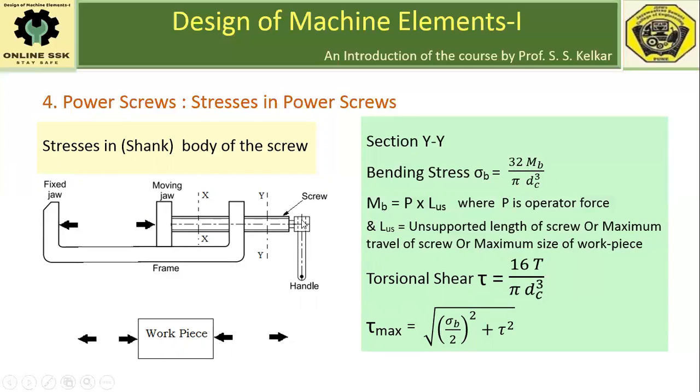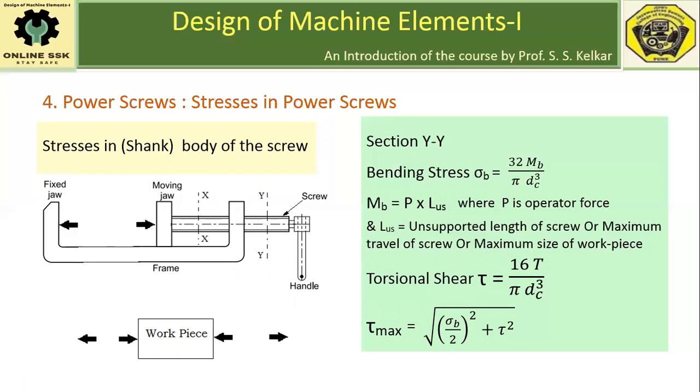Bending moment is given by the operator force P multiplied by this length. This length is called the unsupported length of the screw, denoted by LUS, or the maximum travel of the screw. It represents the maximum size of the workpiece.